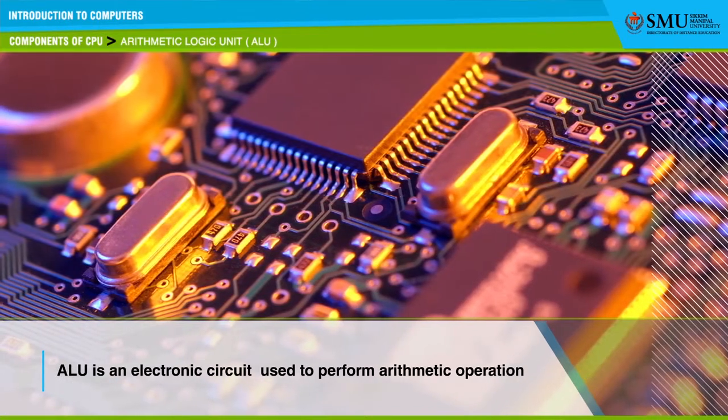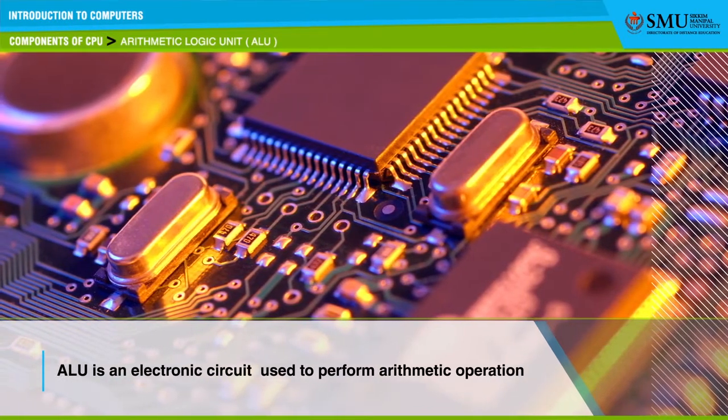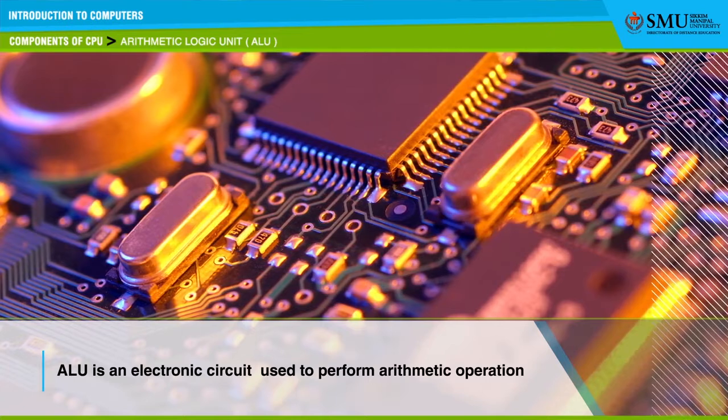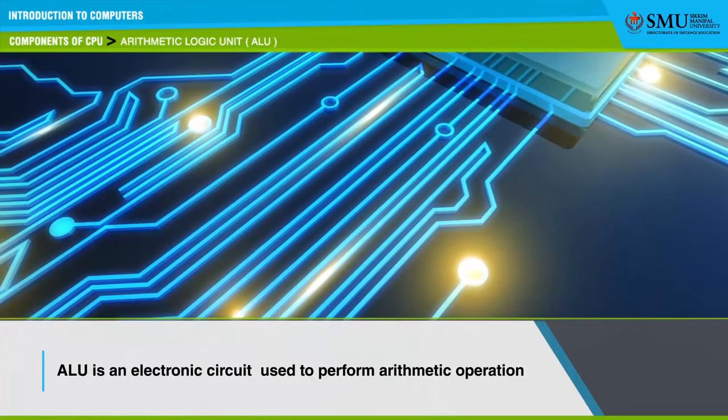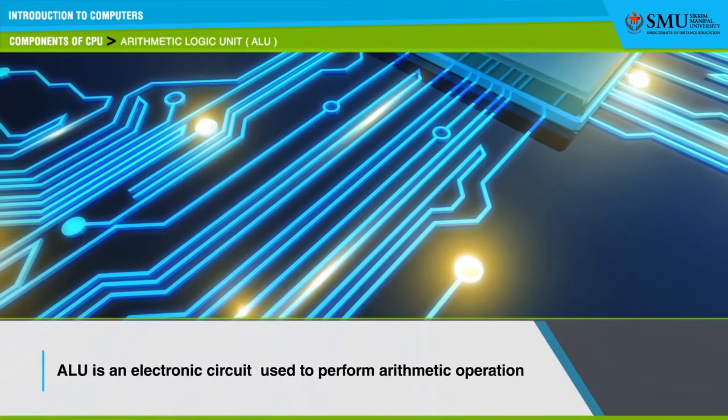Arithmetic logic unit. The ALU is an electronic circuit used to do arithmetic operations like addition, subtraction, multiplication, and division. ALU also processes logical operations like greater than, less than, equal to, etc. It performs the operations on the data provided by the input devices.